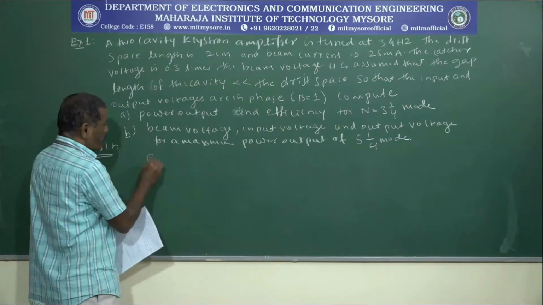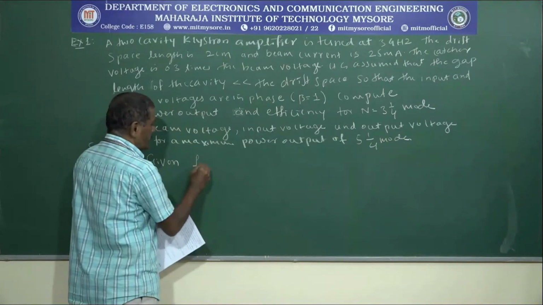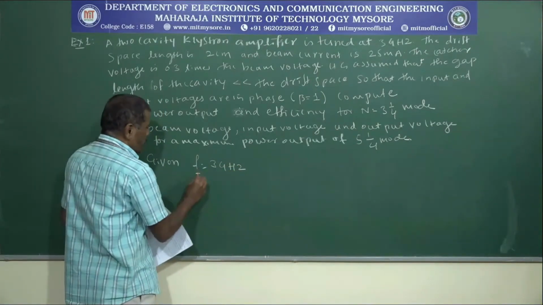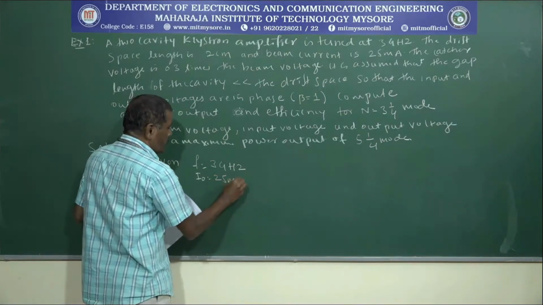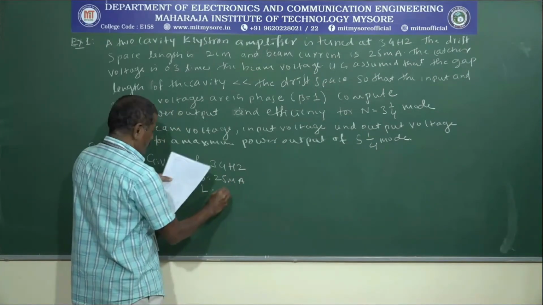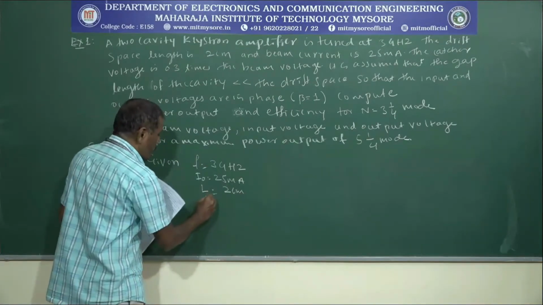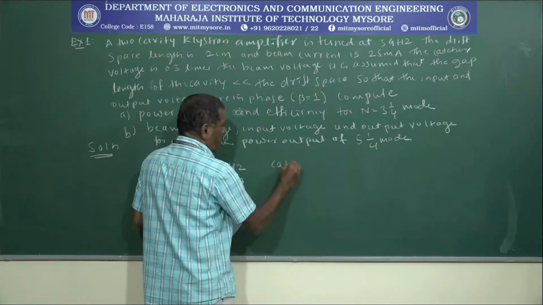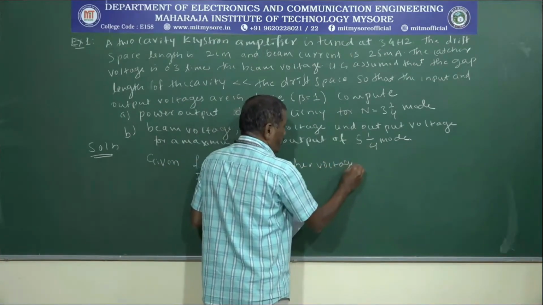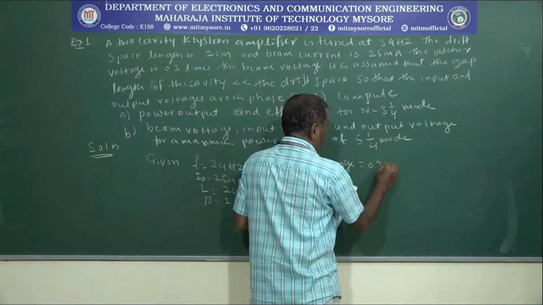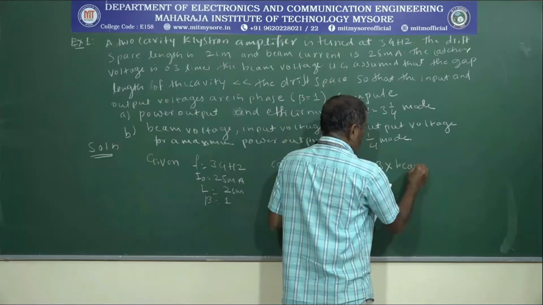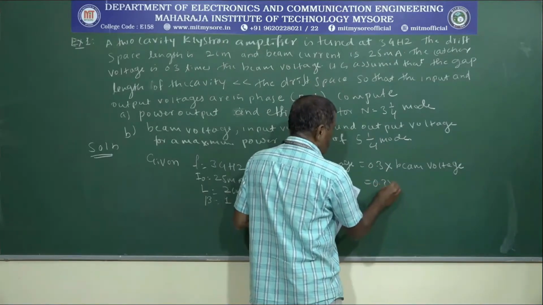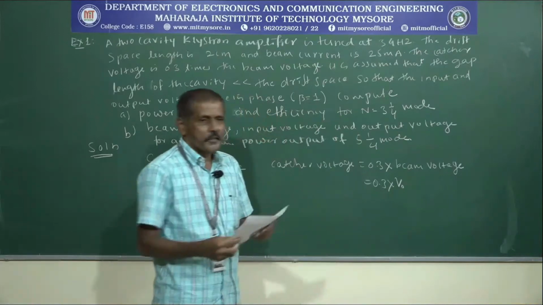Solution is, now for us the given values are: frequency is given as 3 gigahertz, beam current is given as 25 milliamperes, length is given as 2 centimeters, beam coupling coefficient is given as 1, and catcher voltage is given as 0.3 times the beam voltage, the beam voltage being represented by V0.